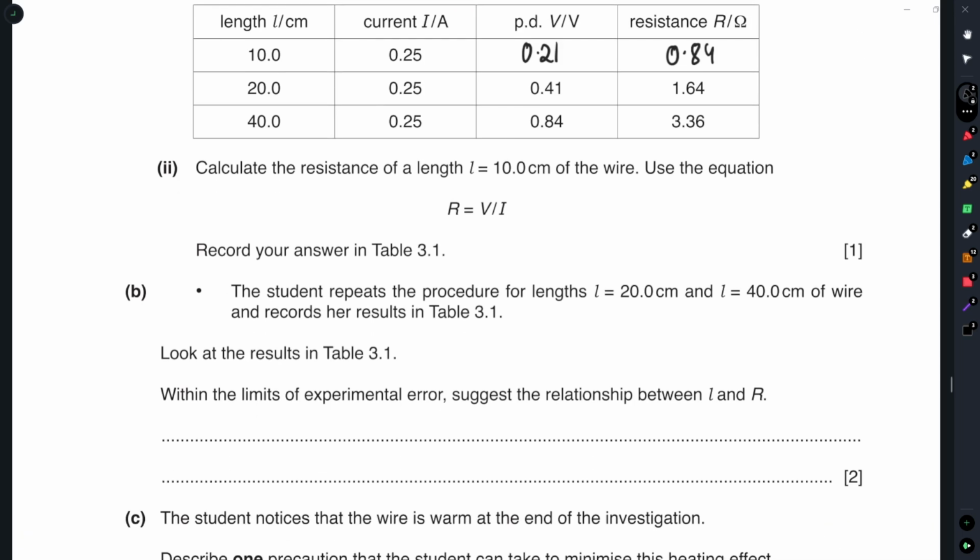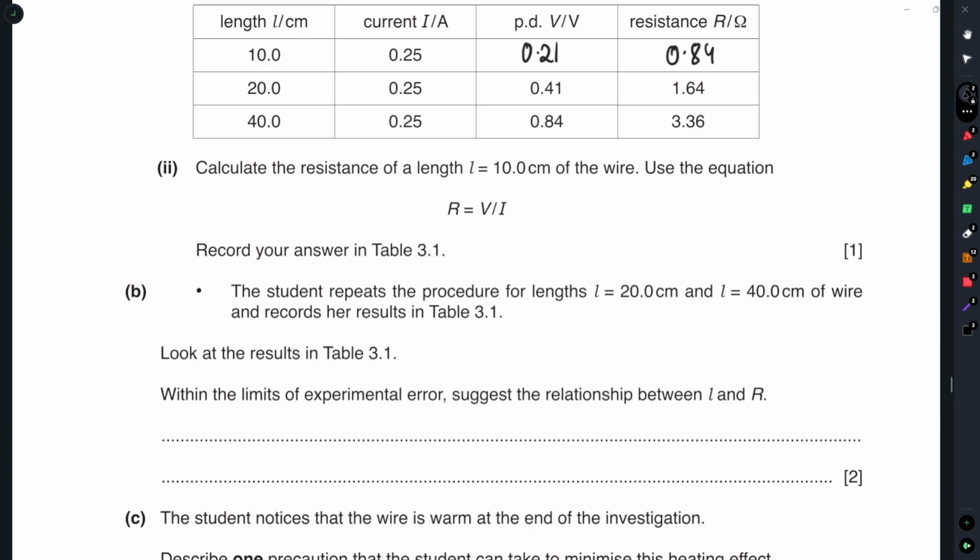Then the question says, okay, the student repeats the procedure for 20 and 40, records her results. Look, within the limits of experiment, suggest the relationship between L and R. So approximately doubling the length doubles the potential and doubles the resistance. So I'm going to say, okay, they maybe are directly proportional to each other. Why?